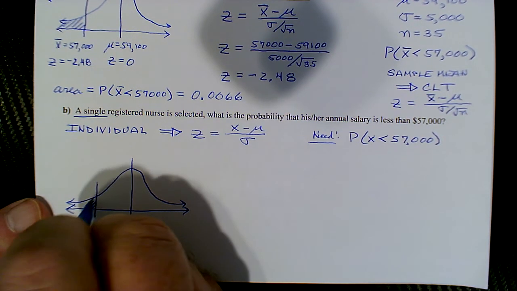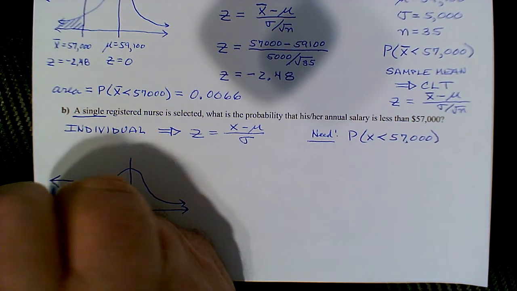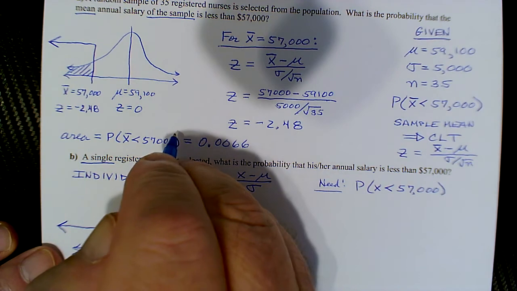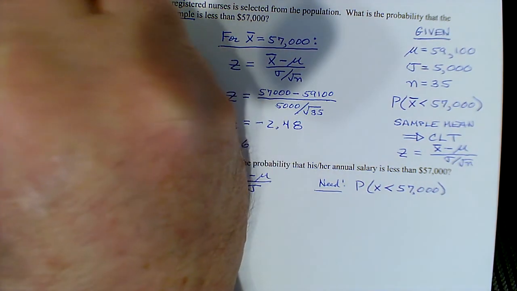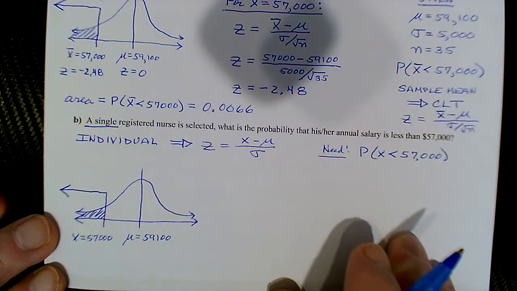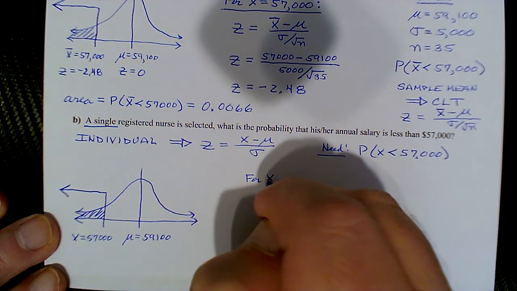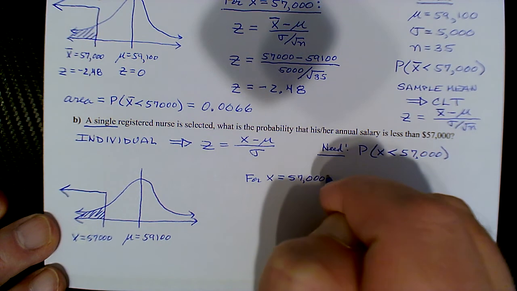We still want what's to the left, and that's going to be the area that we look up in the table. Oh, I forgot to label it here. I just looked it up, but I could have labeled it on the graph, 0.0066. But here, we'll now say for x equaling 57,000.